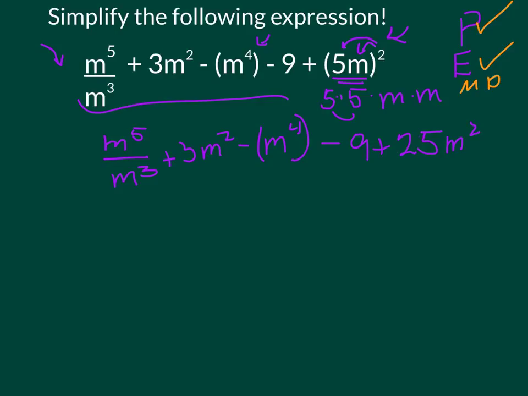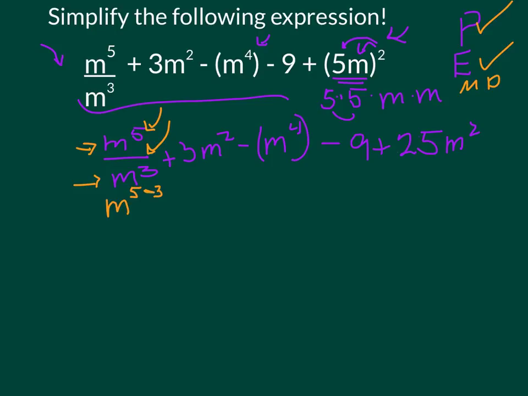Okay, first thing I get to is right here. I've got division. What's my rule? When I'm dividing, I've got same bases that are being divided, and I've got this one's to the 5th, this one's to the 3rd. Well, you should know by now that the rule is that we subtract those exponents. So I'd have m to the 5 minus 3 power.